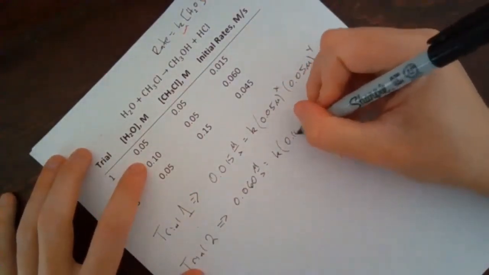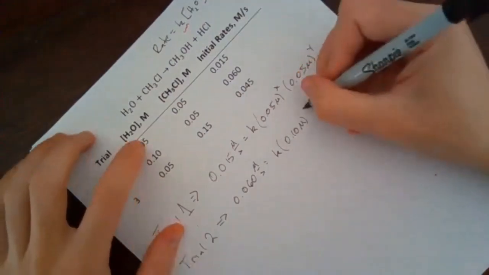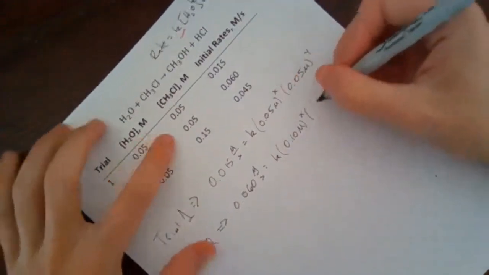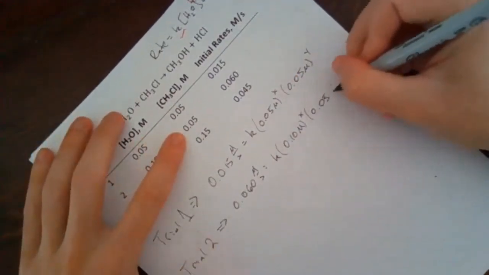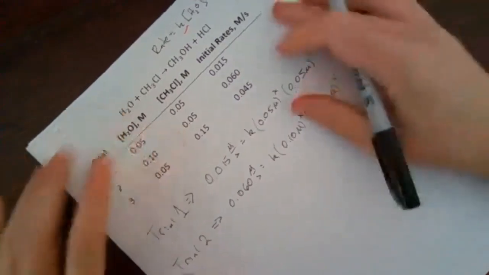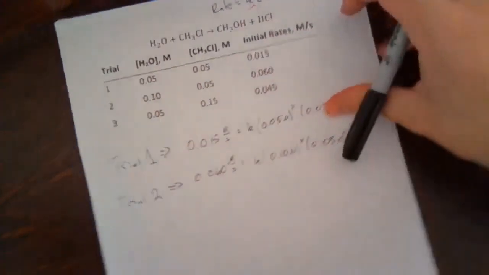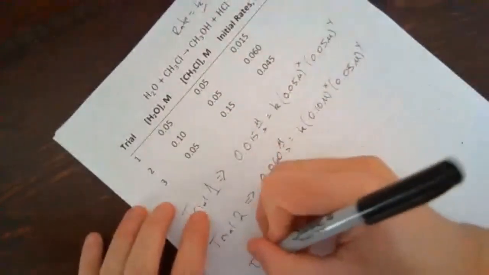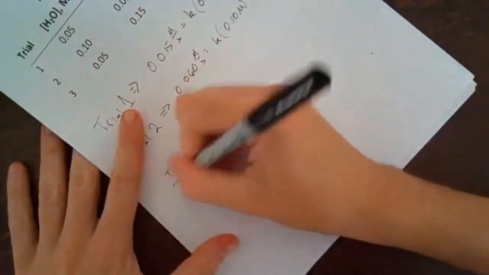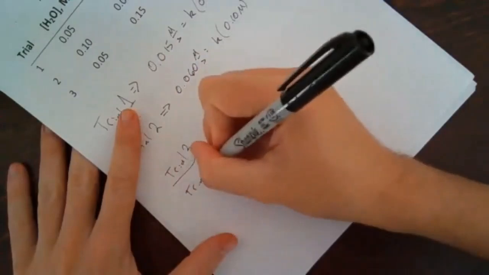In this case, 0.10 molar raised to the same power X, and then 0.05 molar raised to the same power Y. So I can set up these equations, and what I can do is take trial 2 and divide that by trial 1.